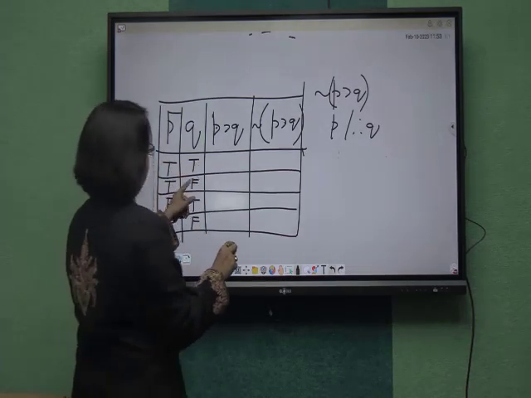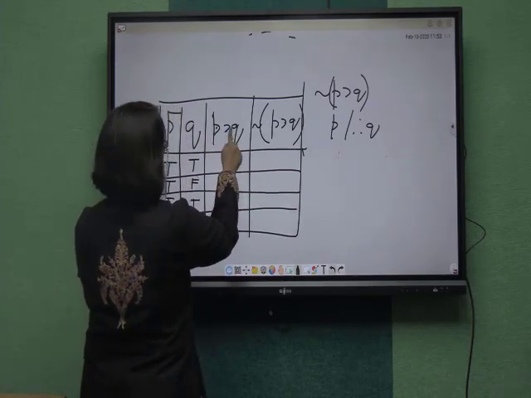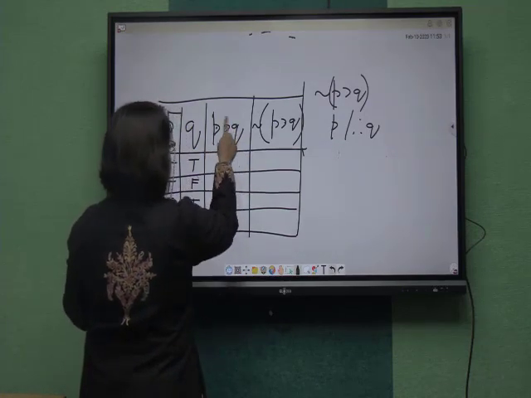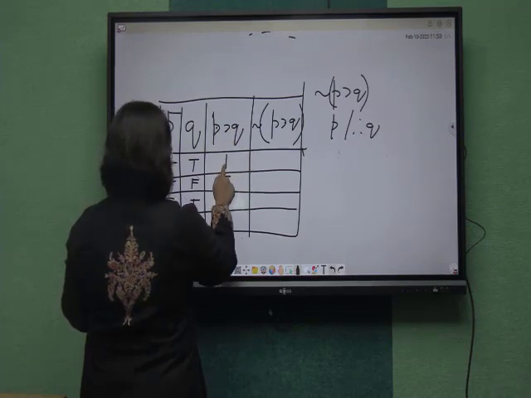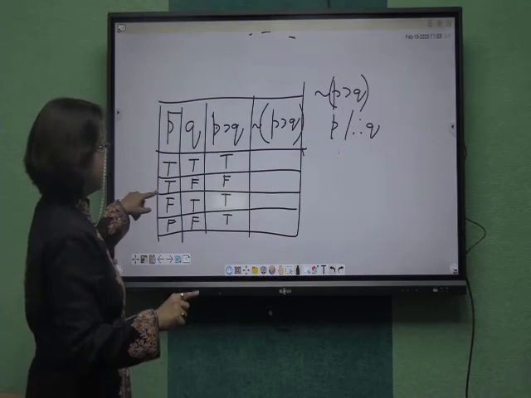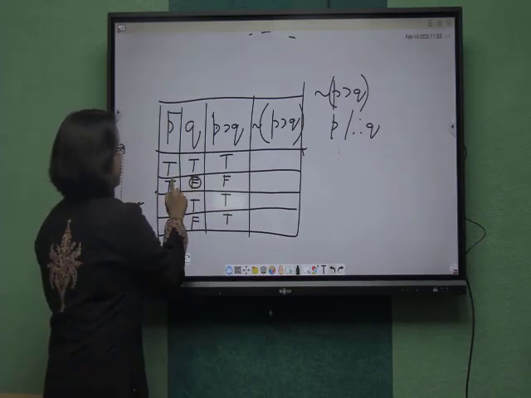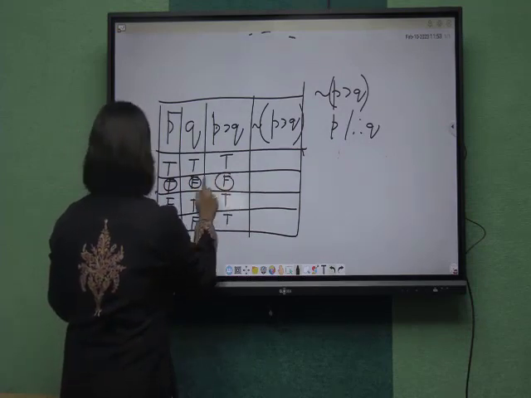P implication Q: as per the rule, if the antecedent is true and the consequent false, then the statement is going to be false. That is only happening in the second row. Please note everyone, that's happening only in the second row. Therefore, this is false.